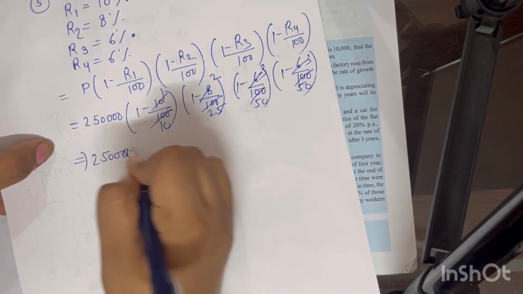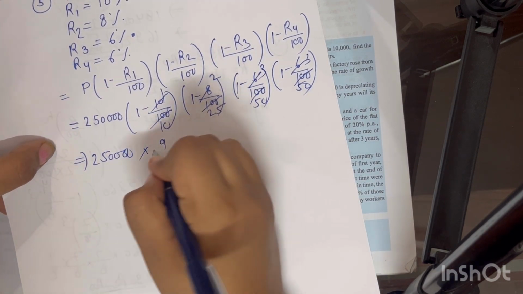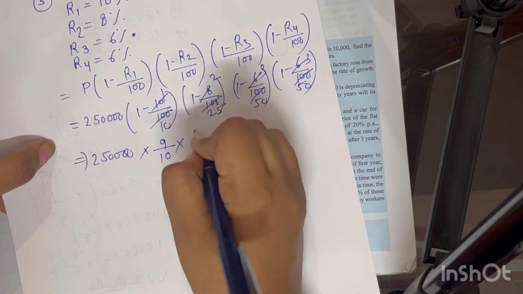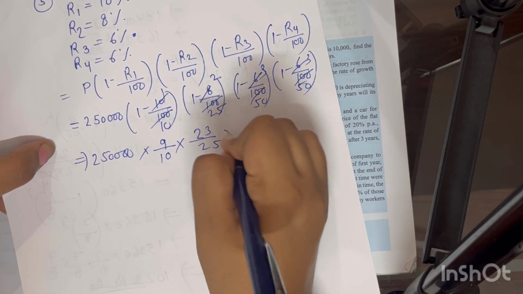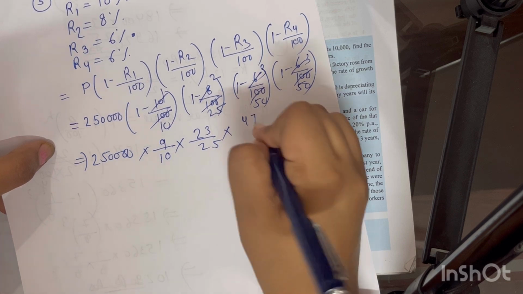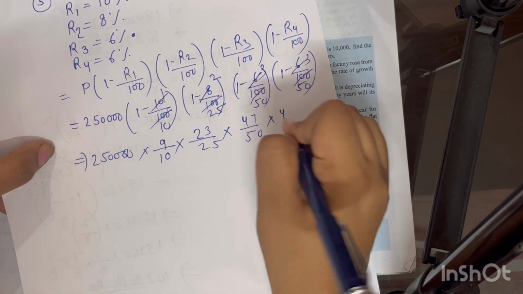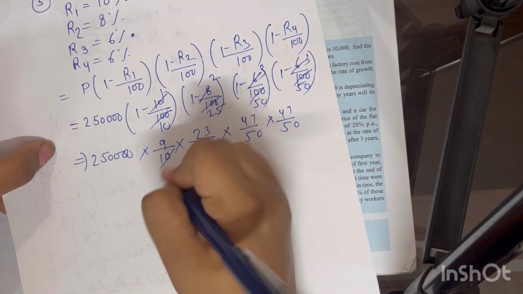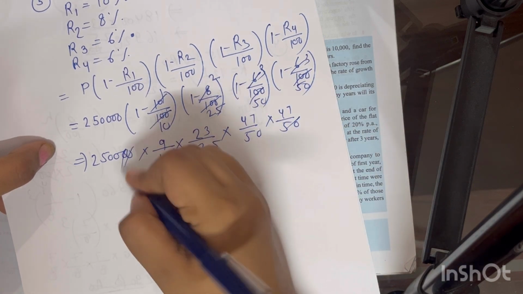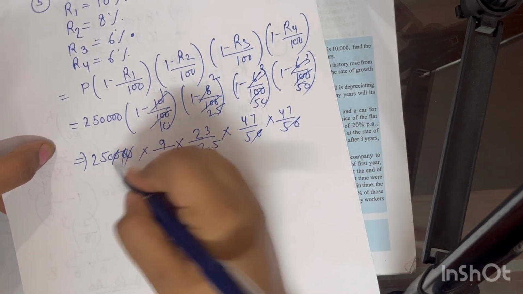So 2,50,000 into 10 minus 1, 23 by 25 into 47 by 50 into 47 by 50. 0 cut 0, 0 cut 0, 0.